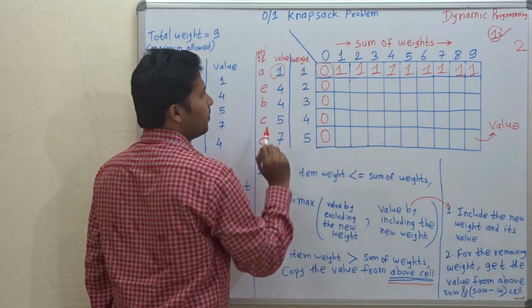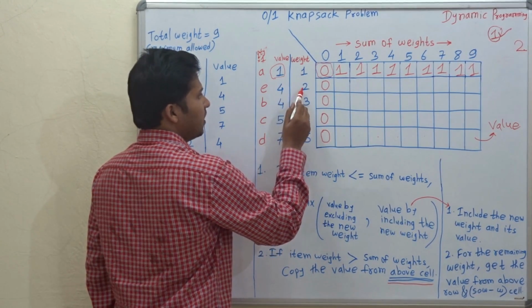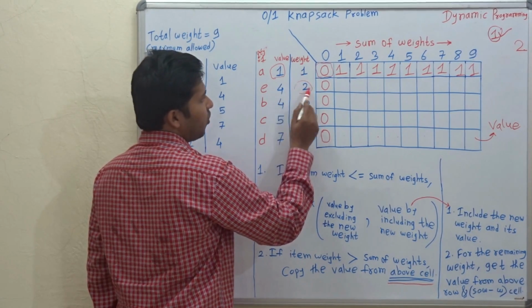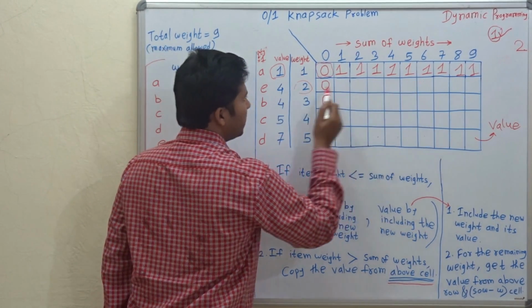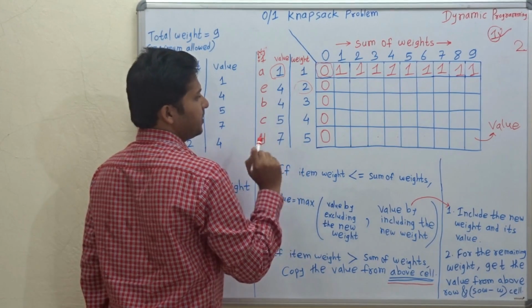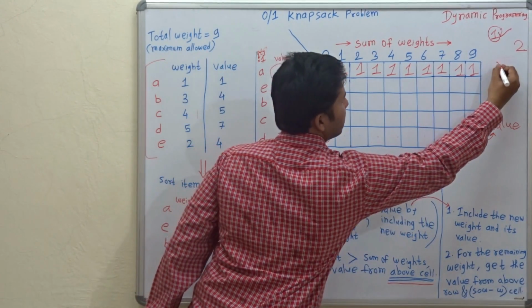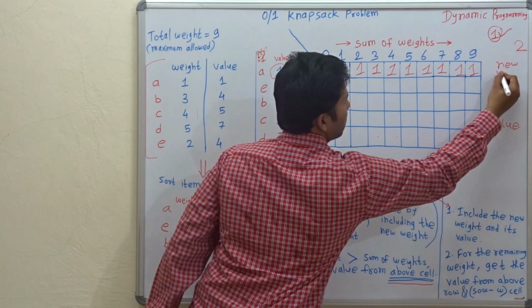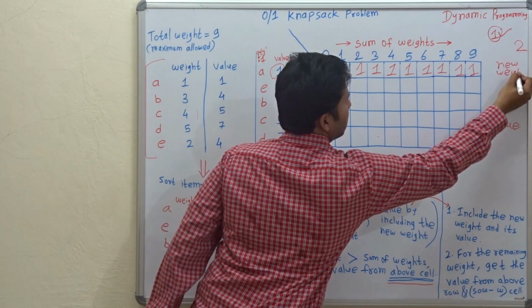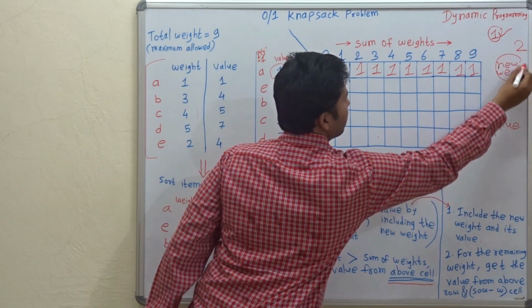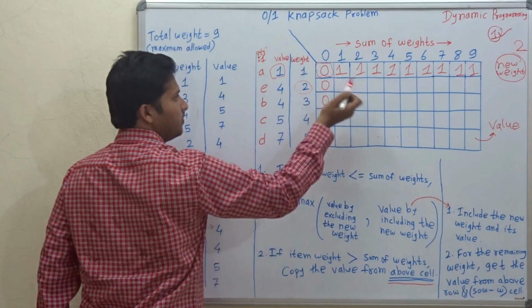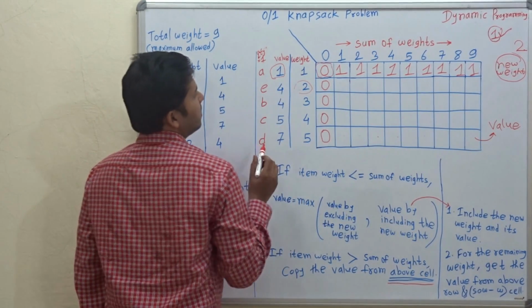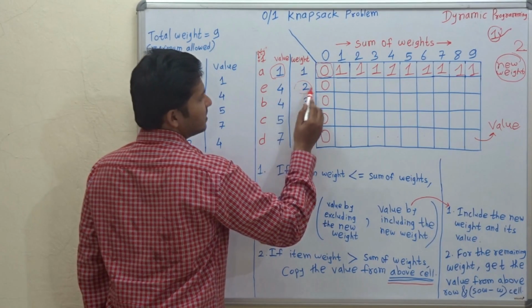The next row, always refer to the weight for the row which we are filling as the new weight. So I will write it here, new weight. New weight means the weight for that row which we are filling now. So the new weight is 2.